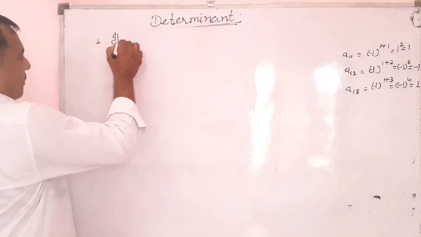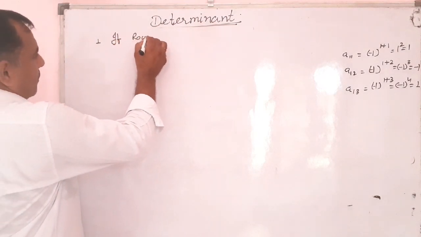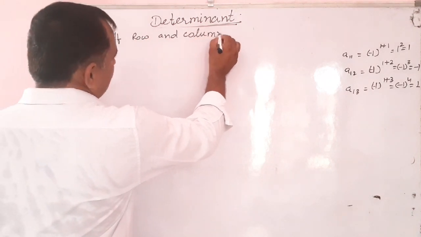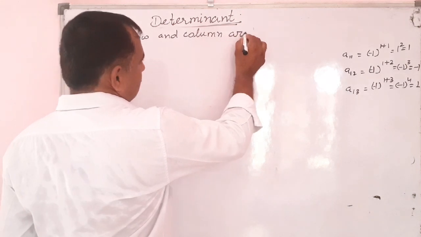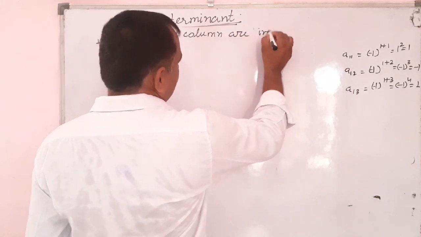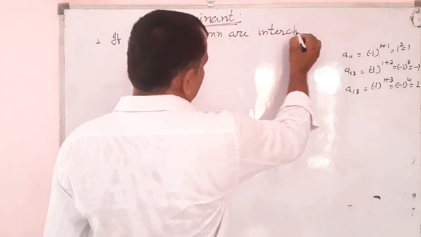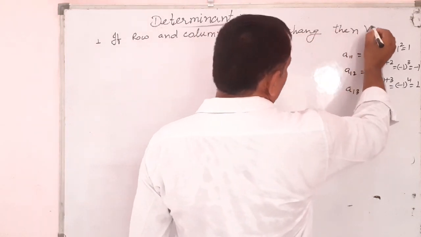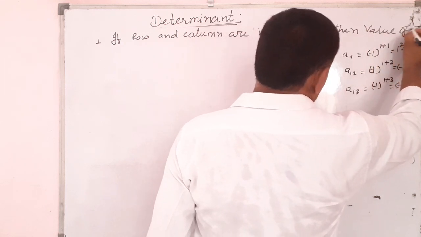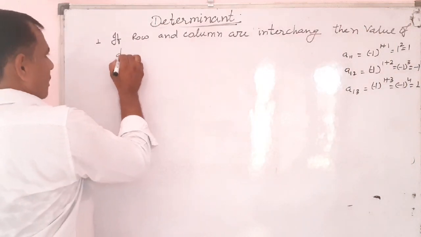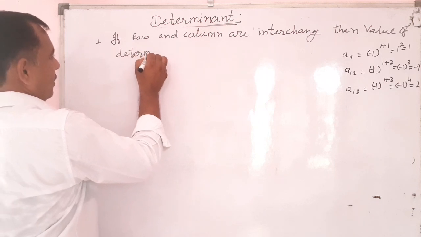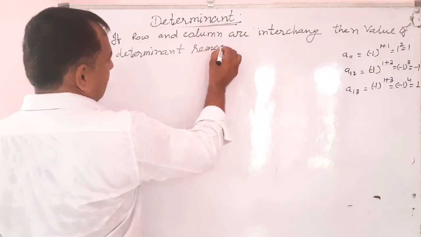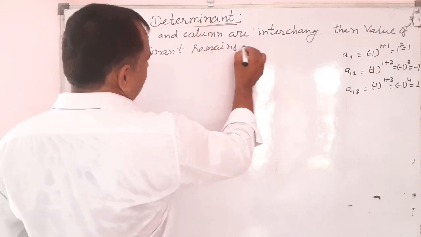If row and column are interchanged, then value of determinant remains same.